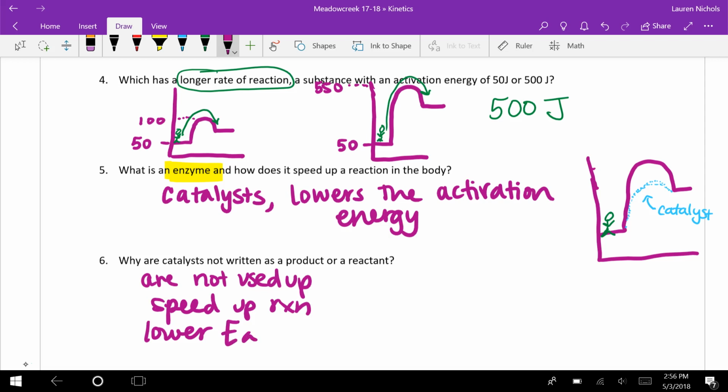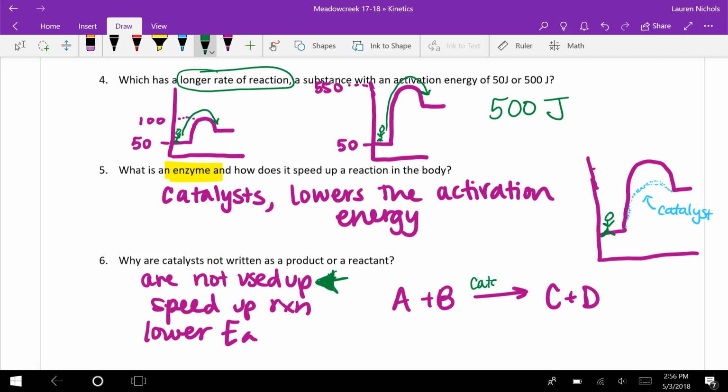That's the thing. So if you look at a reaction of A plus B is C plus D, we know that it's at the beginning, right? We have it at the very beginning, but we also have it at the end. So if it's present in the beginning and at the end because it's not used up here, okay, then it is not part of the reaction. It just speeds it up.